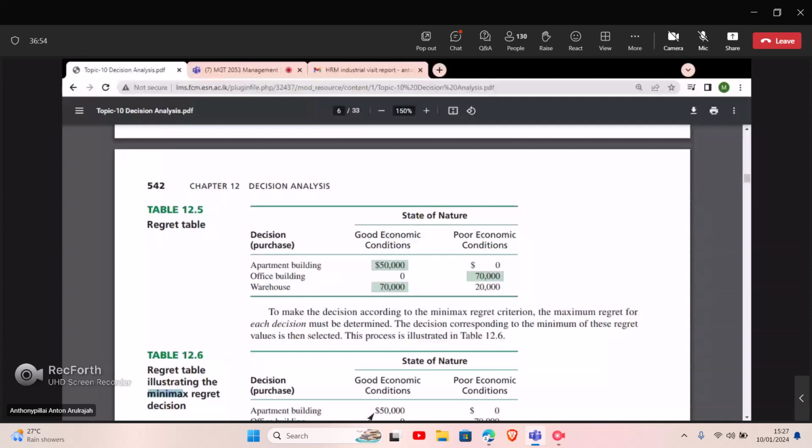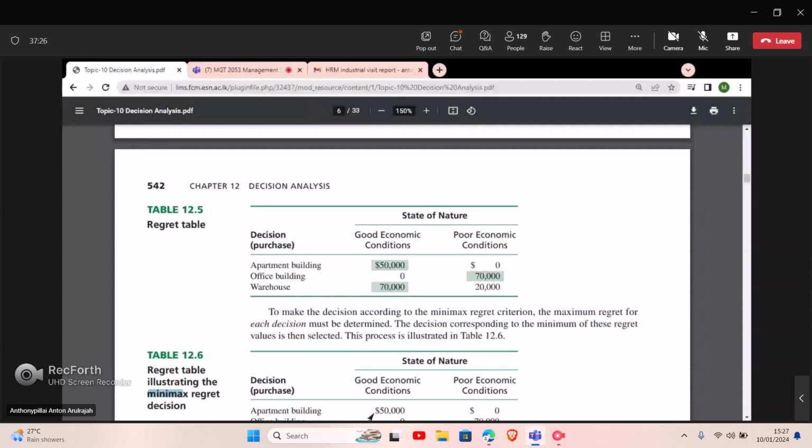Now, when comparing 20 and 50, you have to consider the highest. What is that? 50,000.